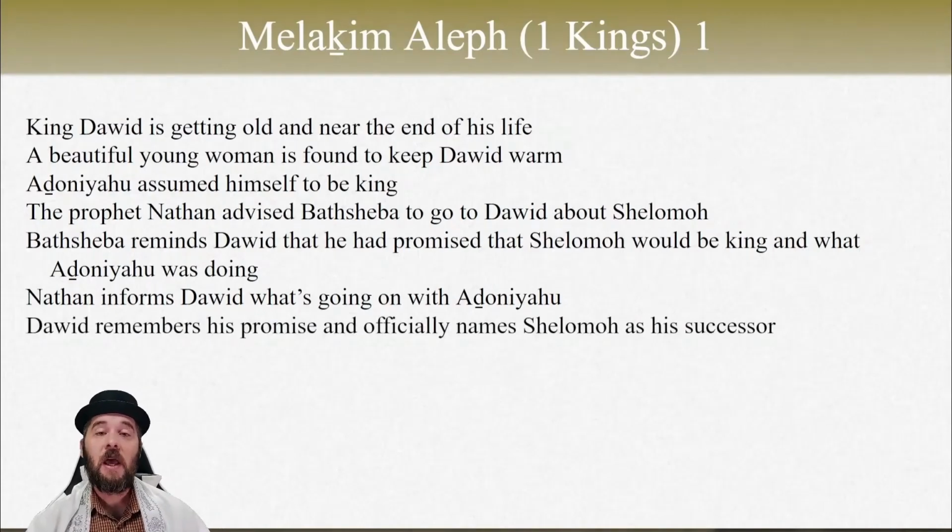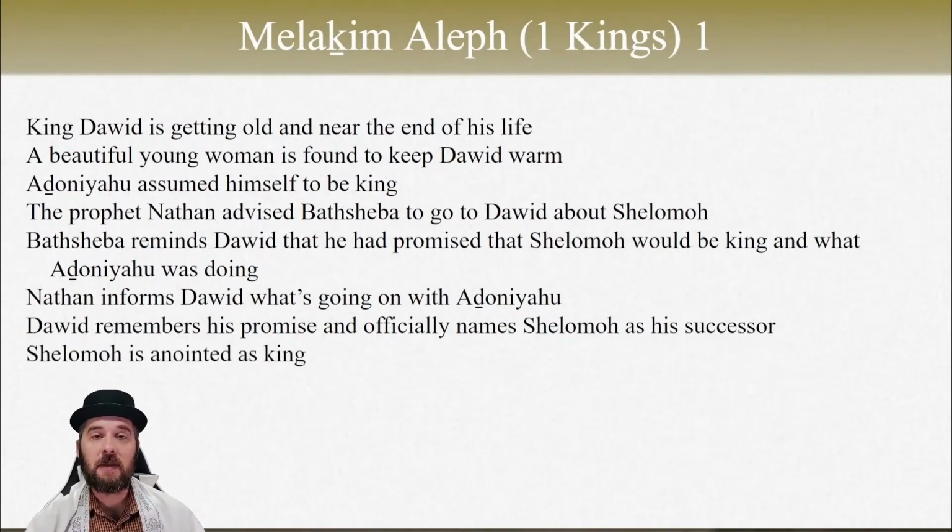And David remembers his promise regarding Shlomo as king. So he tells the people there and the prophet Nathan to make it official. Go put him on the king's mule and anoint him.